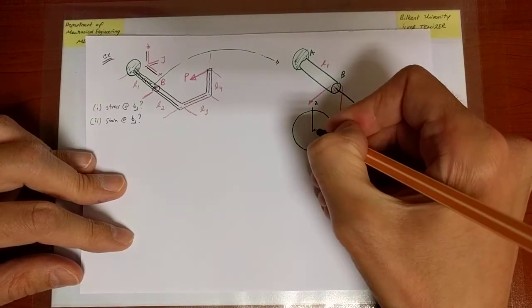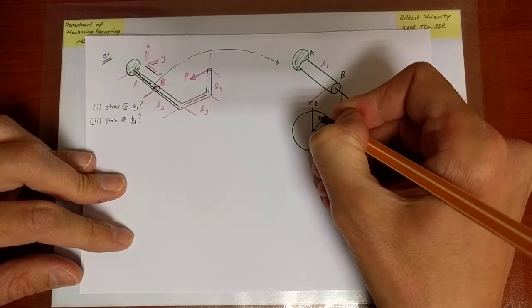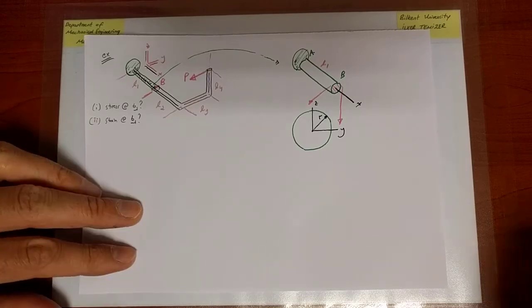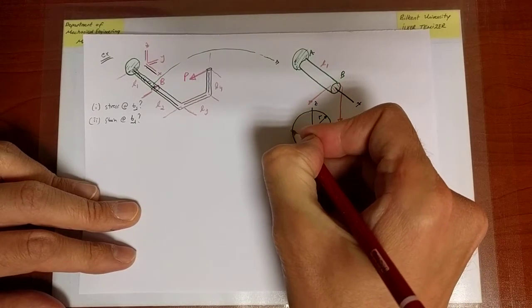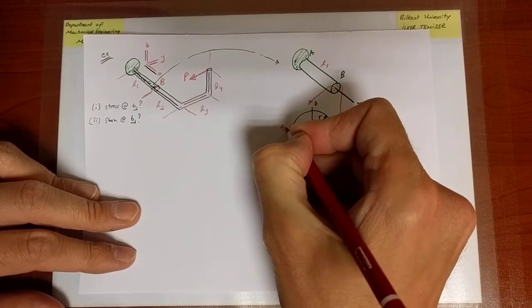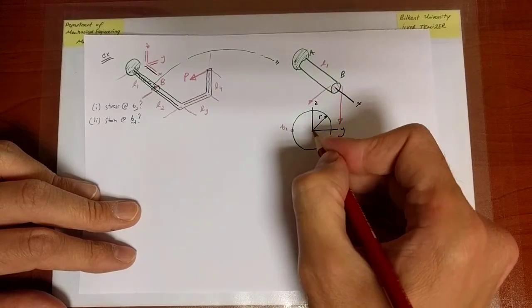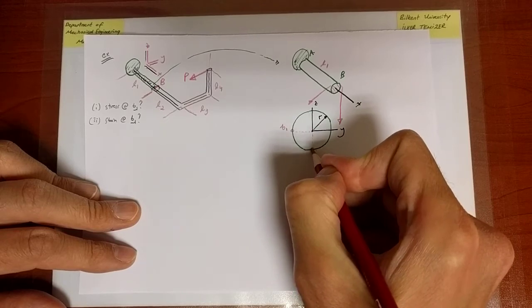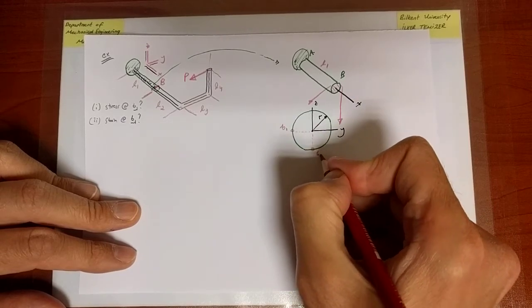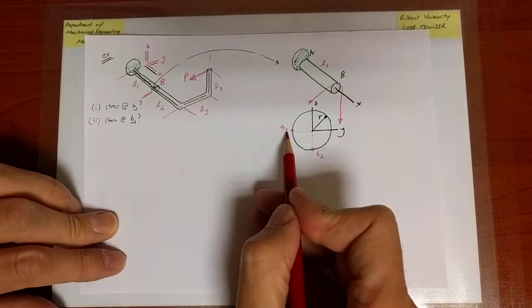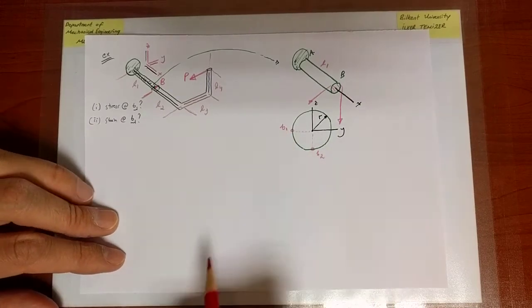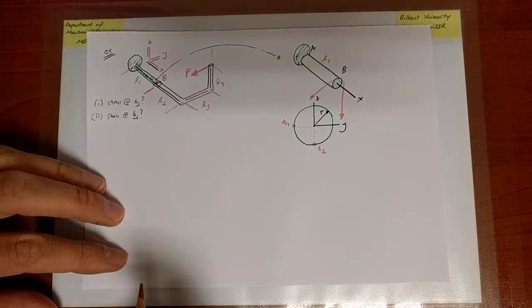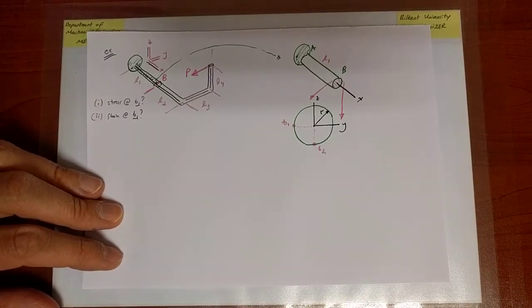And the radius of the cross-section, let's say, is R. Okay, that's the outer radius of the cross-section. And point B1 is a point that is located on the outer surface along the y-axis. Okay, we could have chosen another point, just let me indicate for possible discussion, another point B2, but we are going to be interested at that point. Okay, so that's the question. What is the stress and ultimately what is the strain at point B1?